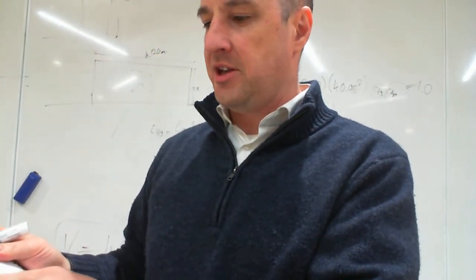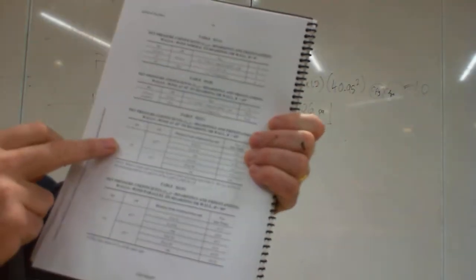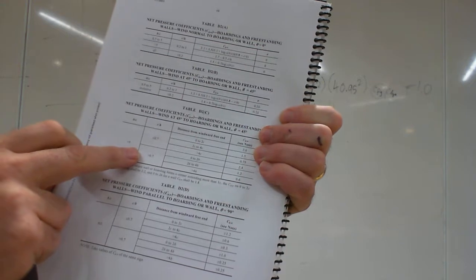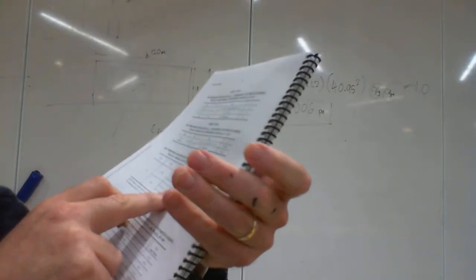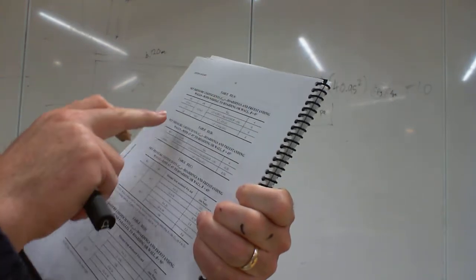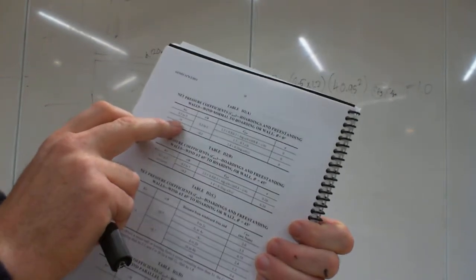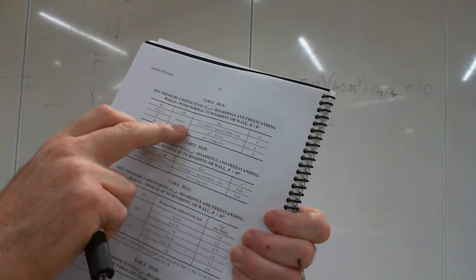And your C over H, B over C greater than 5. Your C over H is greater than 0.7. I'm sorry, that's at 45 degrees. B over C, all greater than 5. Your C over H is 0.2 to 0.1.